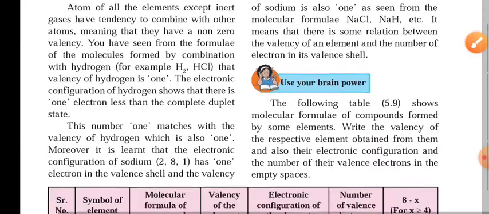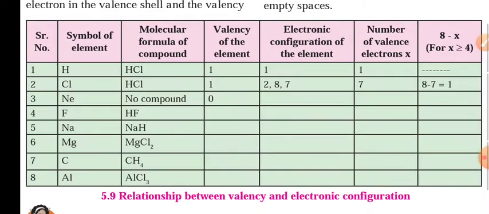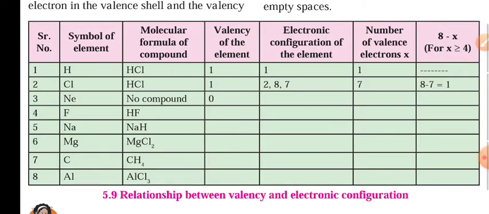So valency part is clear. Now here we will see the valency. The table I am writing over here and explaining to you. If you want, you can note it down in your textbook simultaneously. Now let's see here. They have given the molecular formula. First one they have taken as HCl. You can see valency of the element is 1.